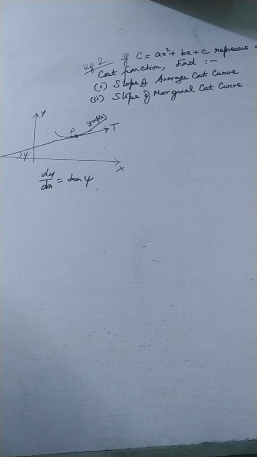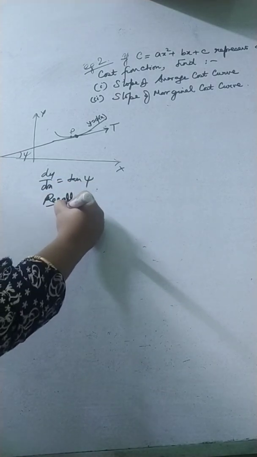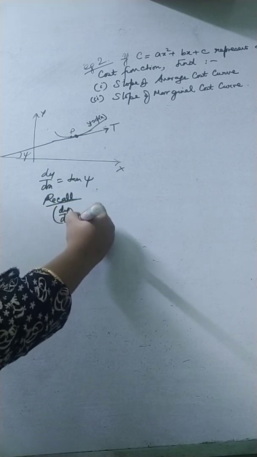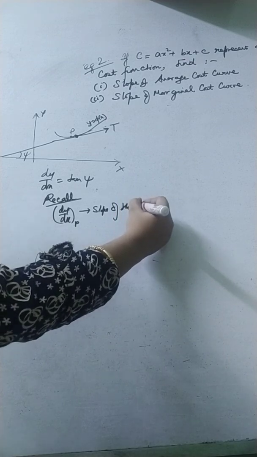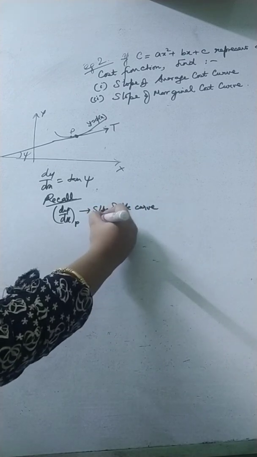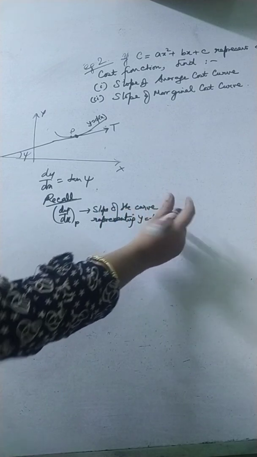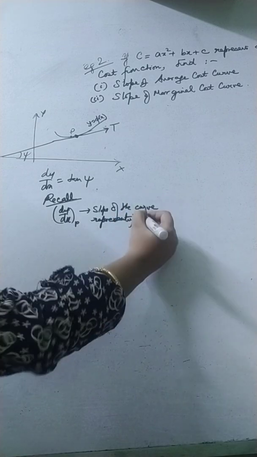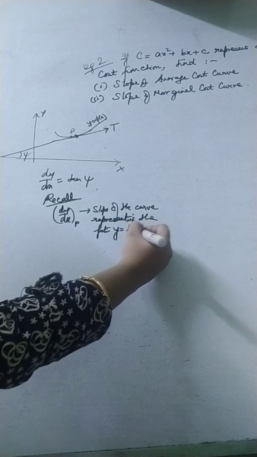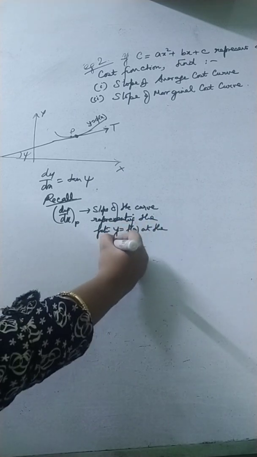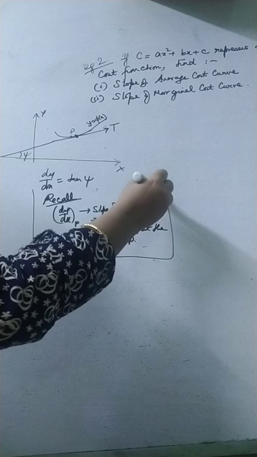If you have forgotten, then please write it over here, that recall the fact that dy/dx at the point P represents the slope of the curve representing the function y is equal to f(x) at the point P. For those of you who have forgotten, you can refer and see.